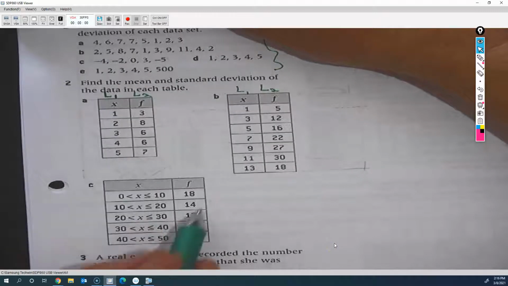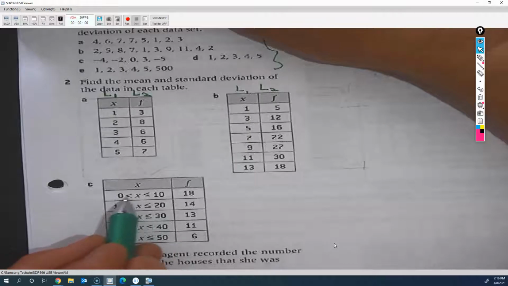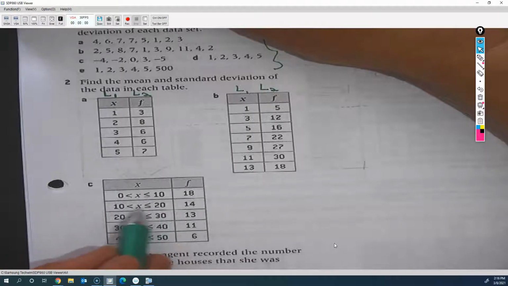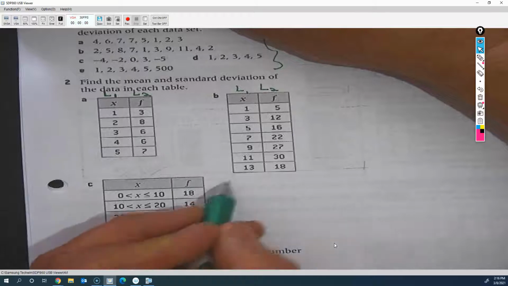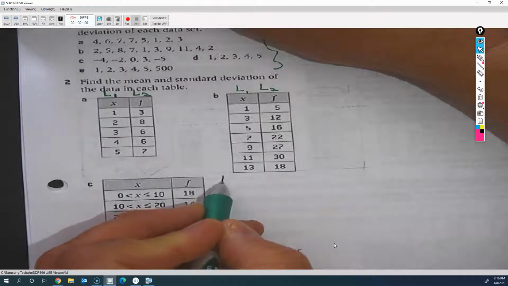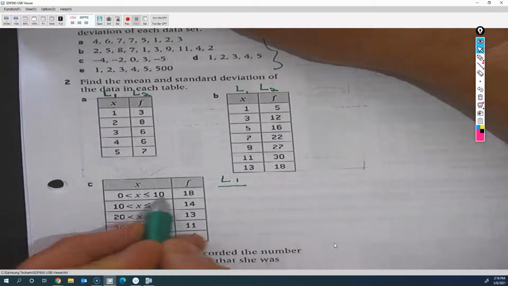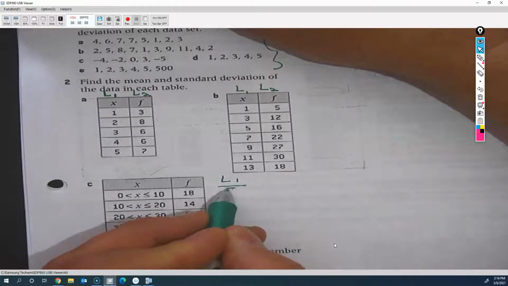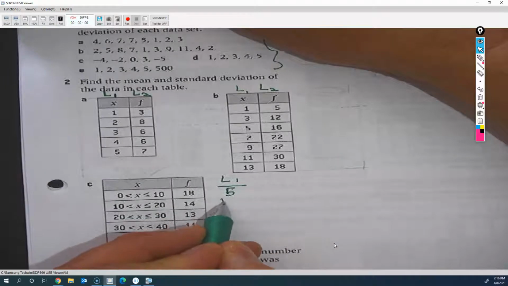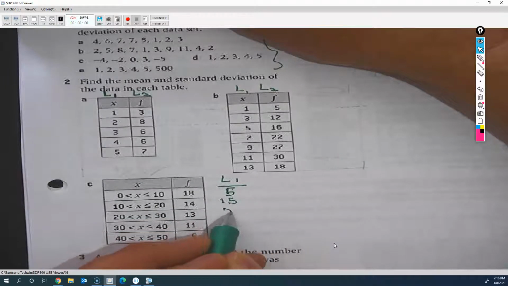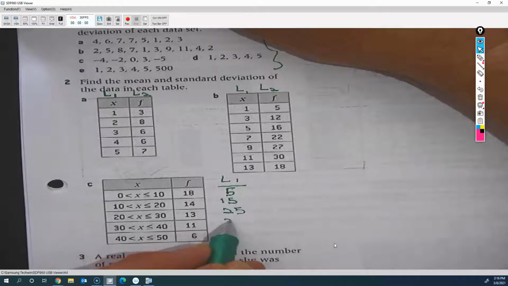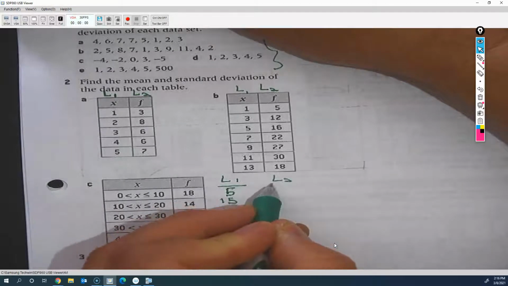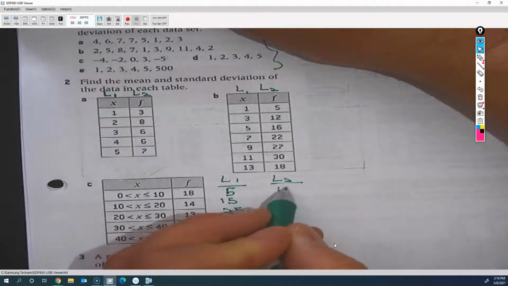Now, when you get to C, you've got intervals. So what you're going to do is your first list is going to be the midpoints of each interval. So let's see, halfway between 0 and 10, 10 and 15, and then your second list is going to be the frequencies.